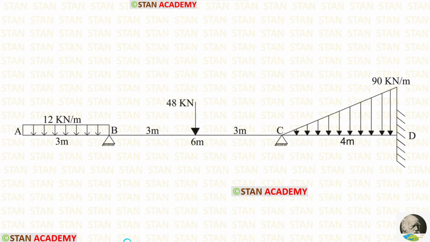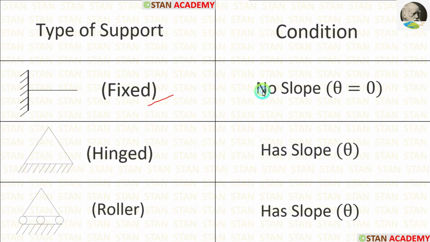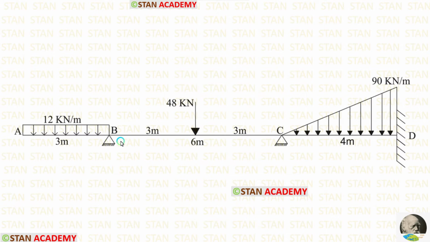In the stiffness matrix method, we have to check the number of supports in which slope can occur. Let us see the conditions. In the fixed support, there will be no slope. In the hinged support, there will be slope. In the roller support also, there will be slope. In this beam, in the points B and C, there are hinged supports.